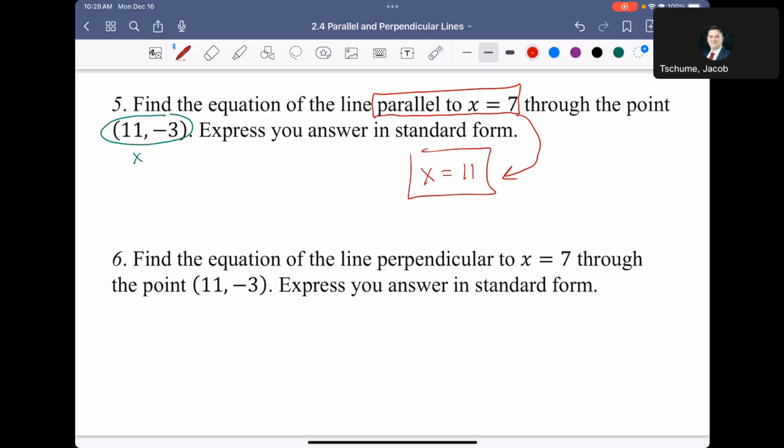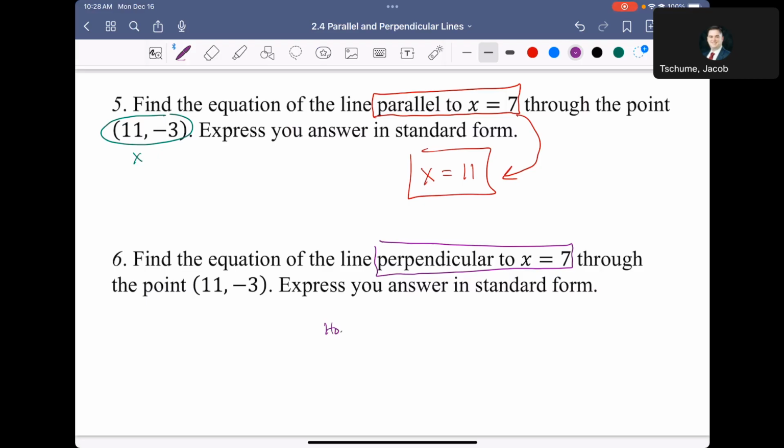Similarly, in number 6, you can write the equation of a line that is perpendicular to the same vertical line. Now, with this, anytime you have a vertical line and you want it to be perpendicular, this just means you have to do the other special equation. So if you remember, the other one that goes with vertical is horizontal.